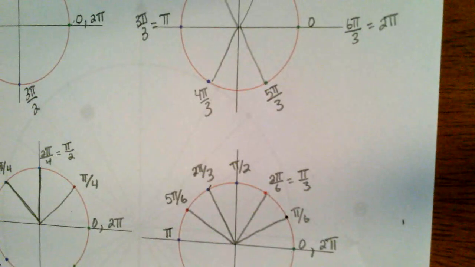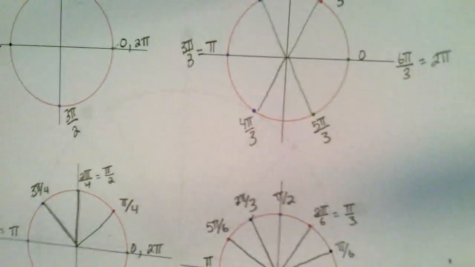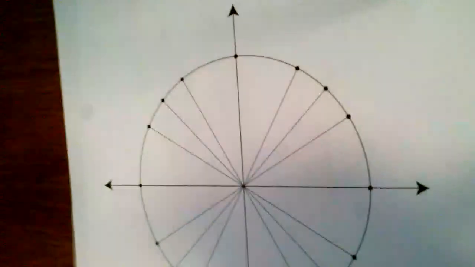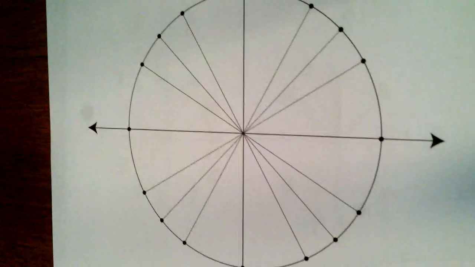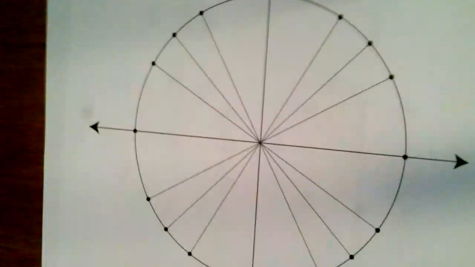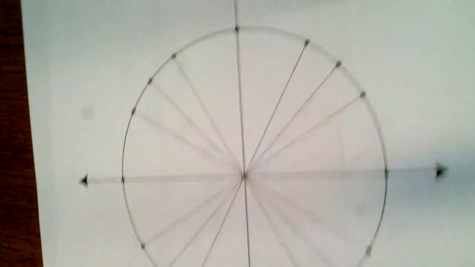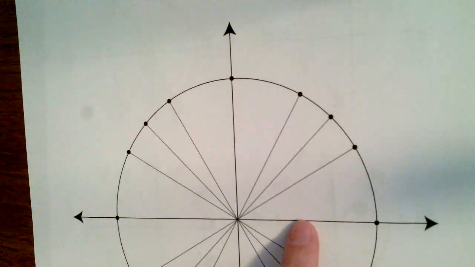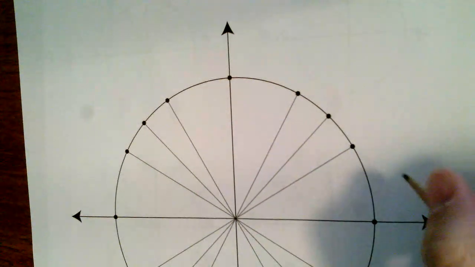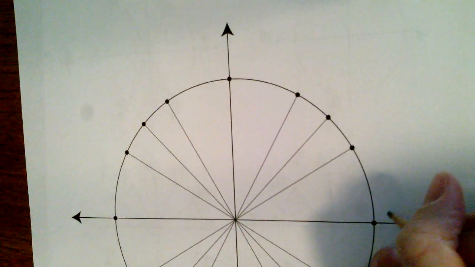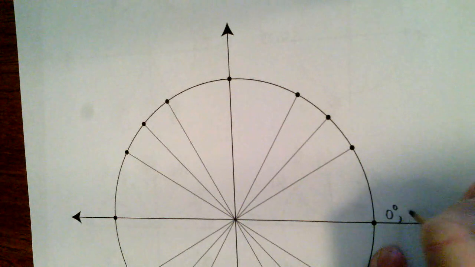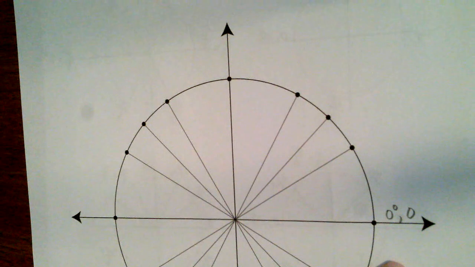Because what I would like you to do is build out your unit circle, with both degrees and radians. Sorry, I should have done my picture a little bit smaller, but we'll work in the first quadrant. Okay, so this is 0 degrees and 0 radians.